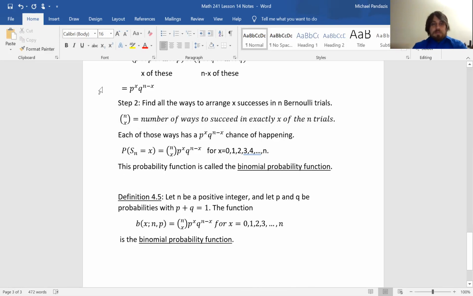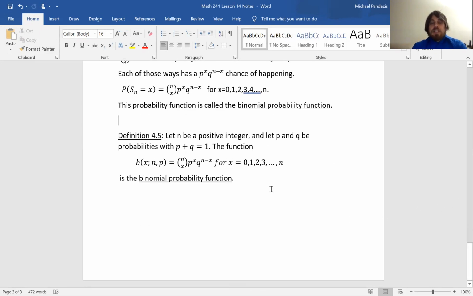So in our previous example, P was the probability of success, Q is the probability of failure, and that's what we will usually think of them as. But more generally, P and Q are just probabilities that add up to 1. And this function is using those two probabilities. And so this is called the binomial probability function.